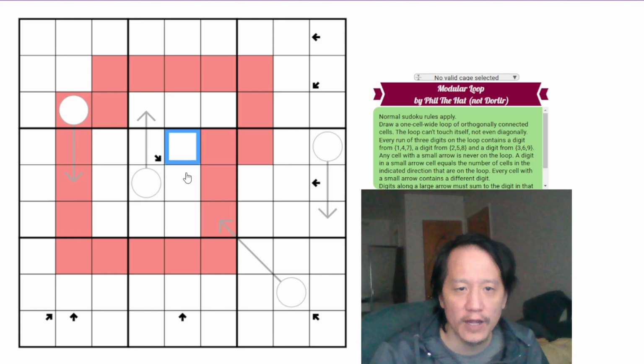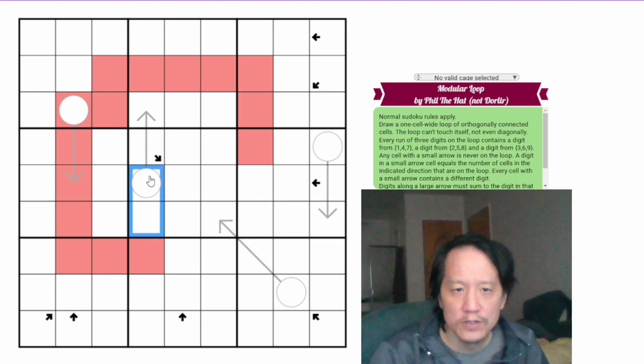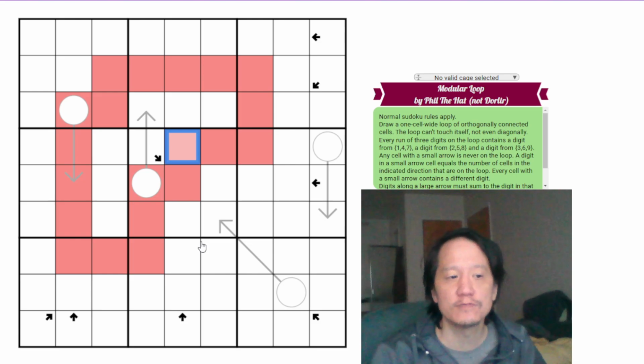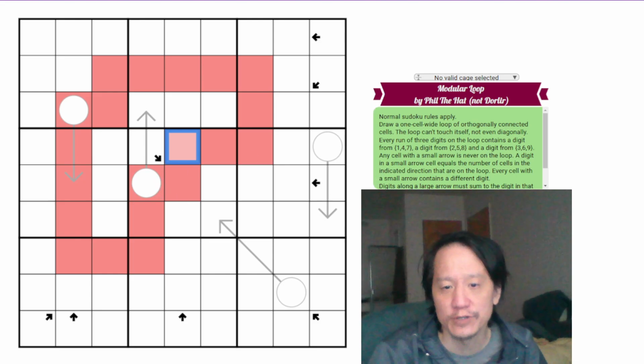And it cannot touch itself, even diagonally. So let's make an example of that. This would be touching itself diagonally, so this is not a valid loop. But if we remove that and place it here, this is a valid loop. So that's what the loop geometry is.